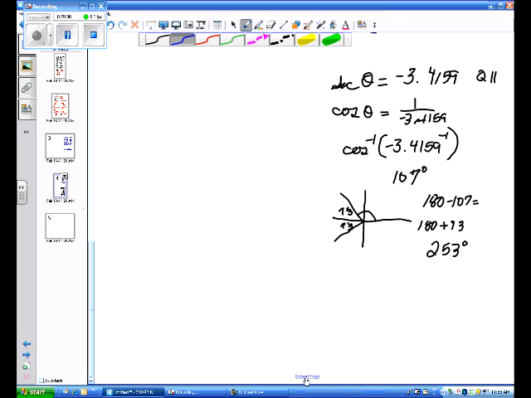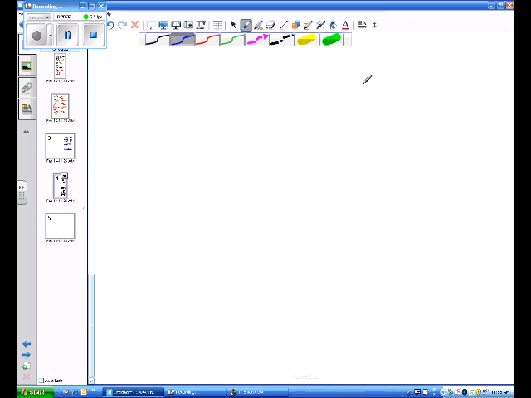Okay, let's look at one more. Say we want the cosecant of theta is equal to negative 1.7876, and we're in quadrant 3. Now cosecant is the reciprocal of sine.